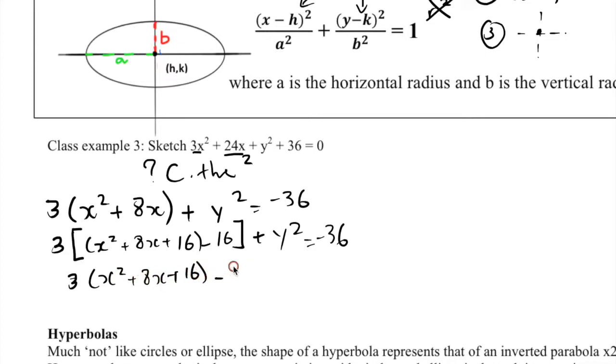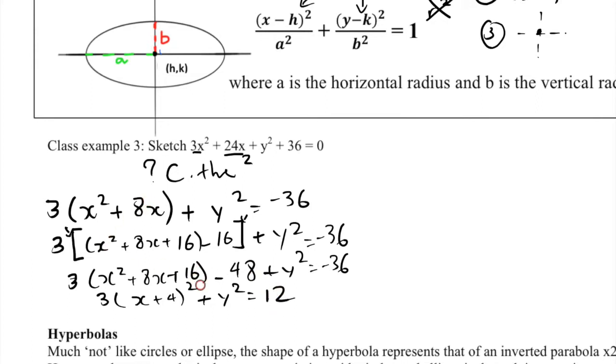And here's where everyone gets it wrong. You have to also multiply 3 by 16. If you did not put these brackets right here, you might forget to multiply 3 by that 16. Plus y squared equals -36. And you should get 3 times x plus 4 squared plus y squared, and we bring 48 over here, you get 12.